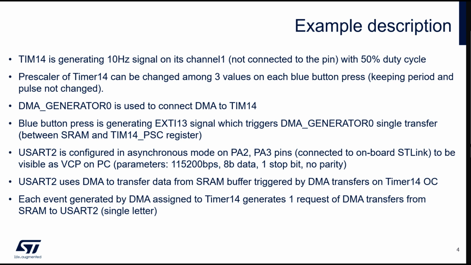Each output compare event from timer 14 generates such single transfer of the character from the buffer to the USART transmit register. Changing timer 14 prescaler causes change of the simple message string display speed.